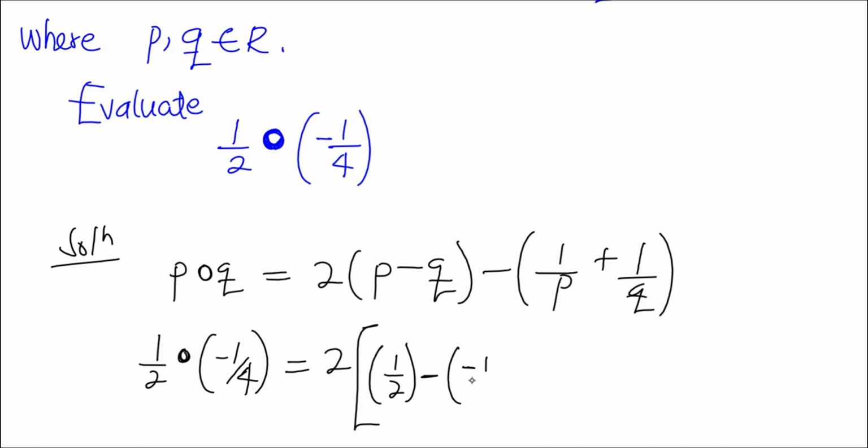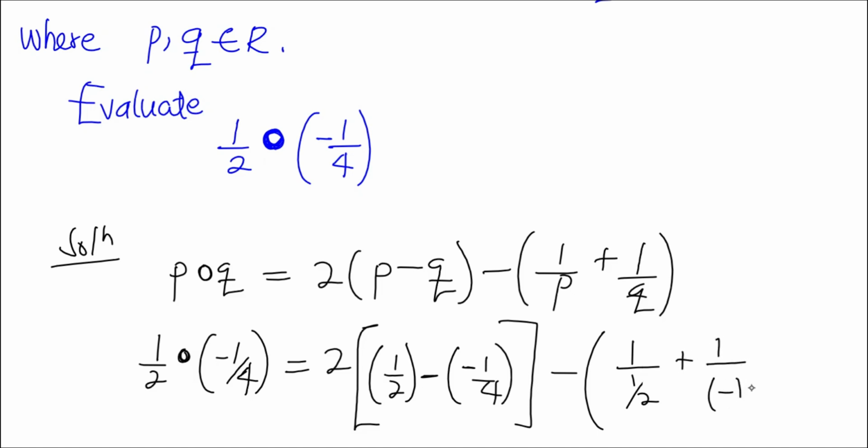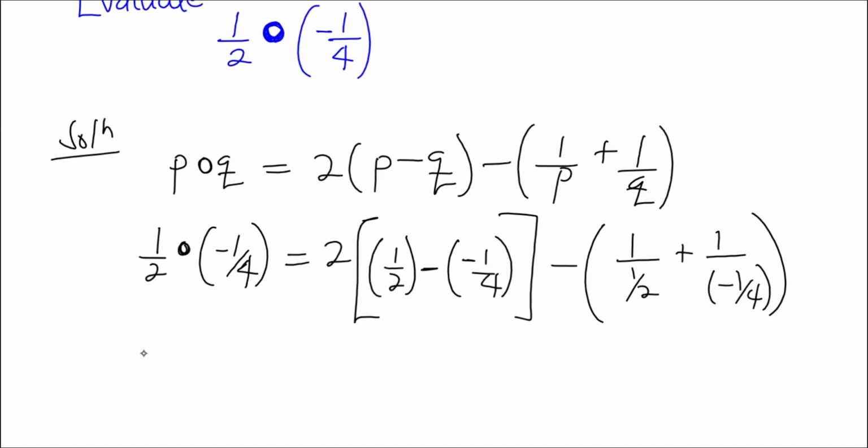So minus 1 out of 4, we close it, and we bring our bracket here, minus, so that is 1 out of 2, and the next one is plus 1 out of, that is minus 1 out of 4, and we close this one too.